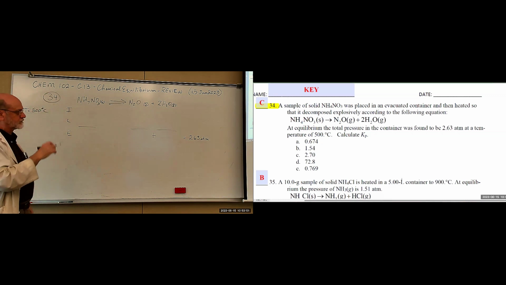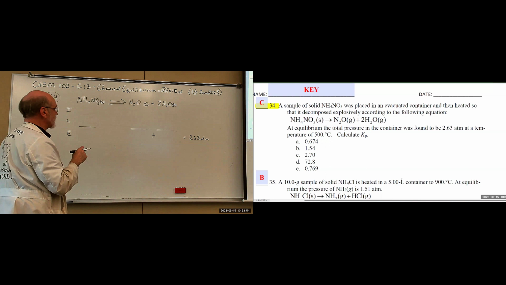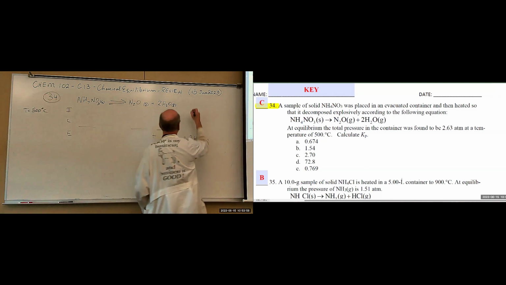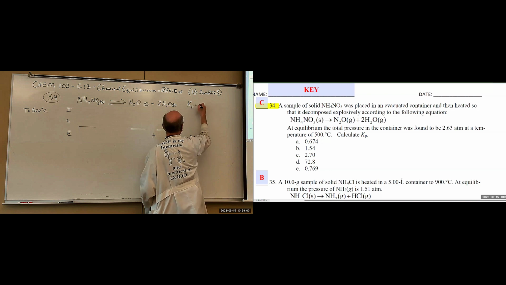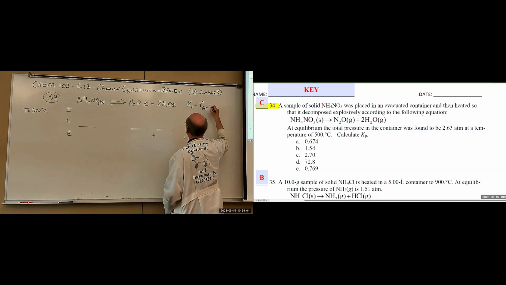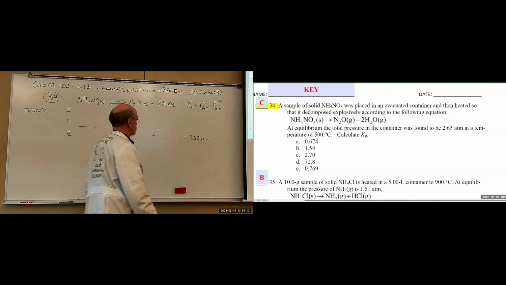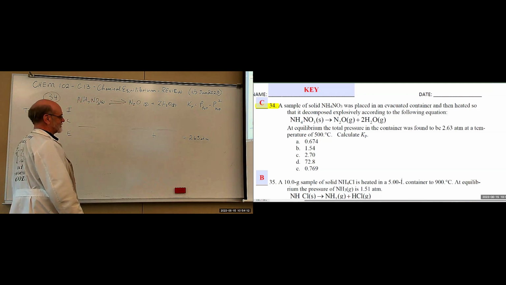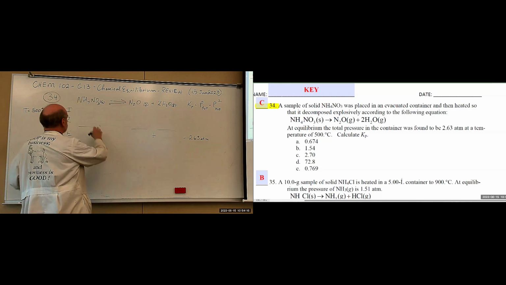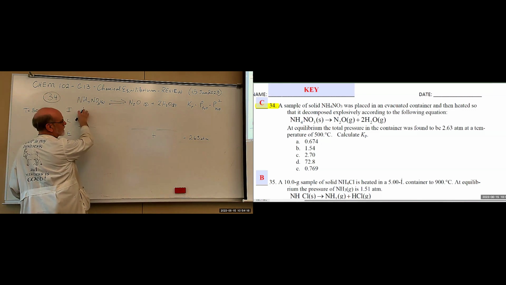All right. Calculate the KP. So the KP is going to be the partial pressure of N2O times the partial pressure of water squared. All right. So when this thing decomposes, we've got a certain amount here.